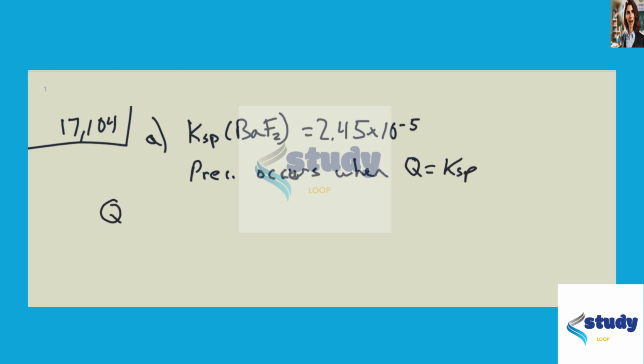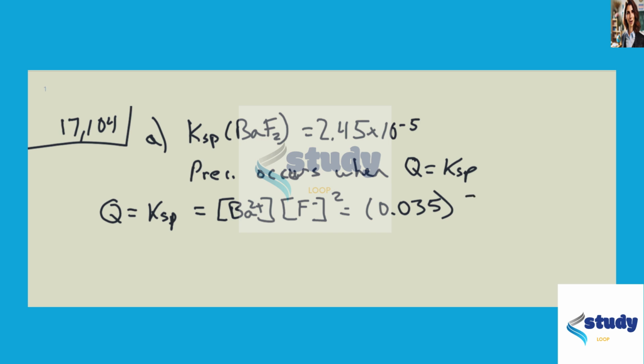So we can say mathematically that Q is equal to KSP, which is equal to 4S cubed, or better yet, we'll say it like this: barium concentration times fluoride concentration squared. Now, we're given the barium concentration from the beginning is 0.035, and the fluoride concentration is what we're solving for.